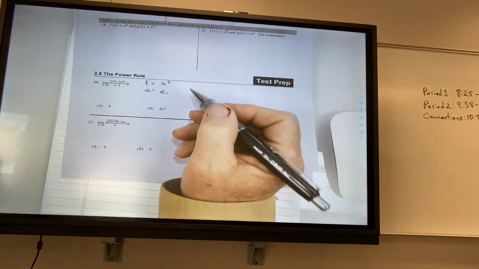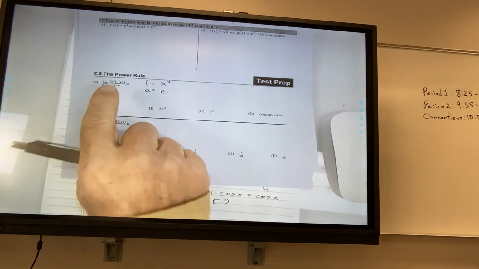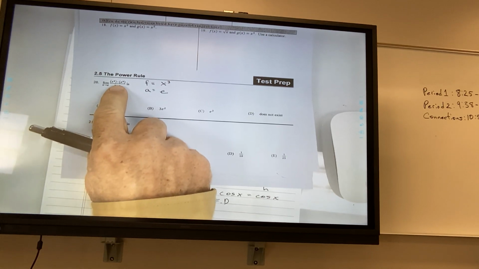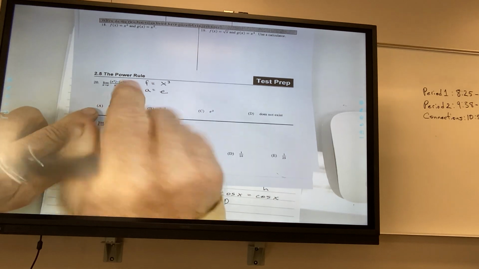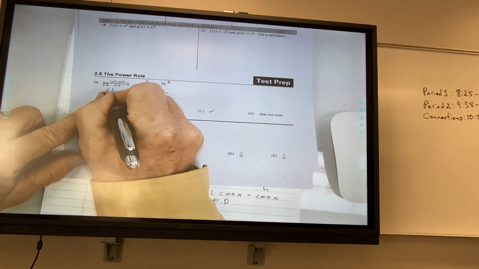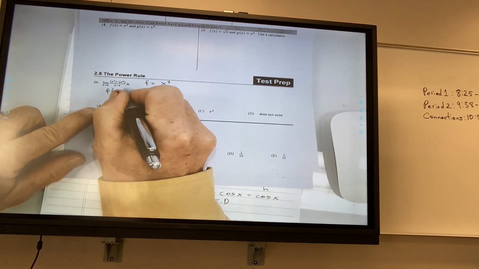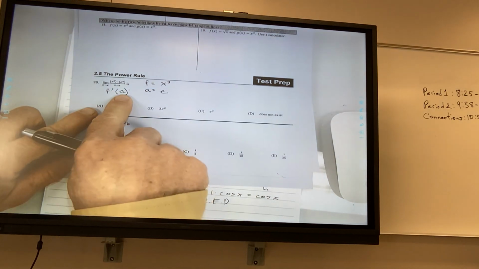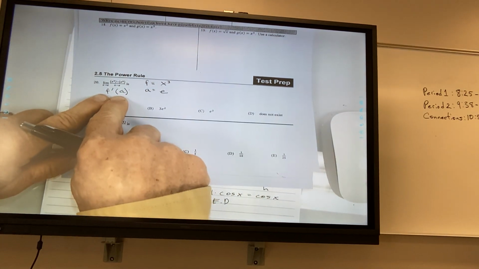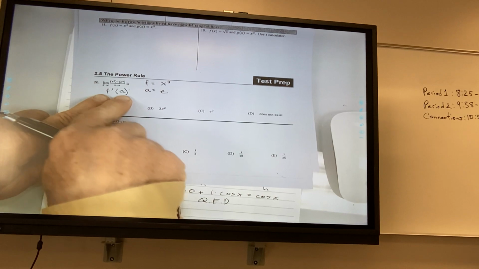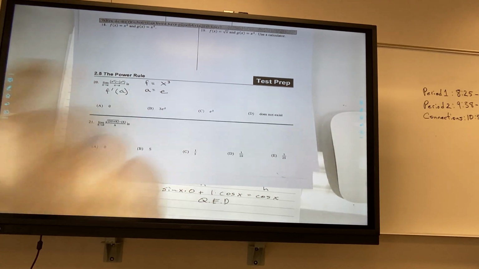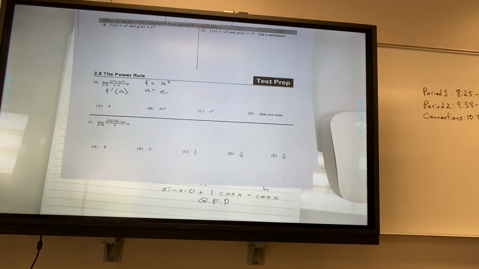Would everybody agree? Okay? Well, you don't want to do any algebra here, because you know it's equal to the derivative of F with A plugged into it. That's what it is. This tells you the slope of the tangent line at the value x equals A, correct? Are we okay on that?